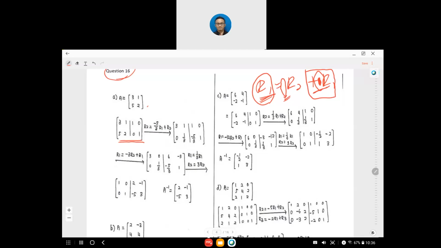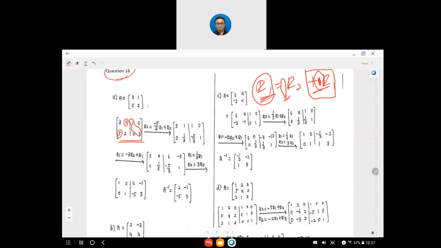It involves the identity matrix, the diagonal ones. Our aim right now is to change the left hand side to become the identity matrix. So we need to change this value to 0 and this value to 0.